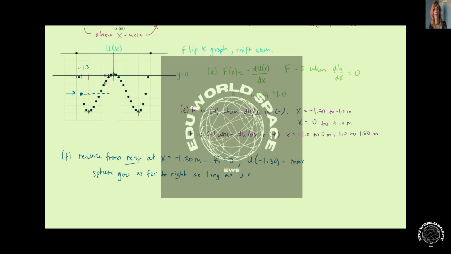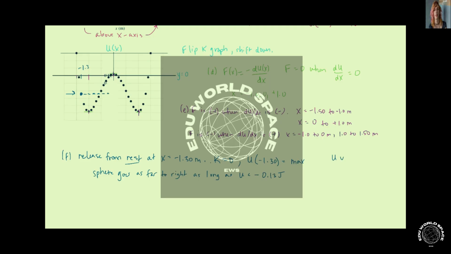Reading off, using the kinetic energy graph to help me find it, that gave me a value of negative 0.13 joules. So for any value where our potential energy is less than that, I use the values on the kinetic energy graph, and this idea of subtracting 0.14 and then making them negative.